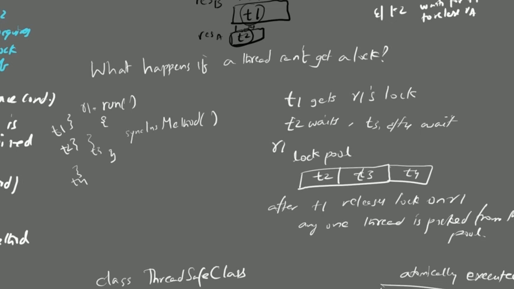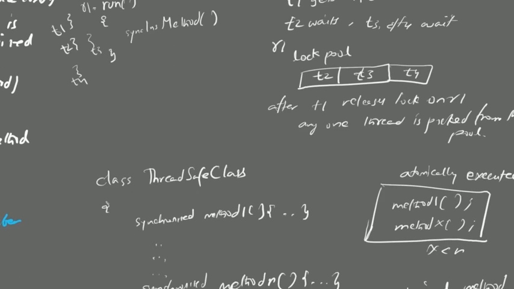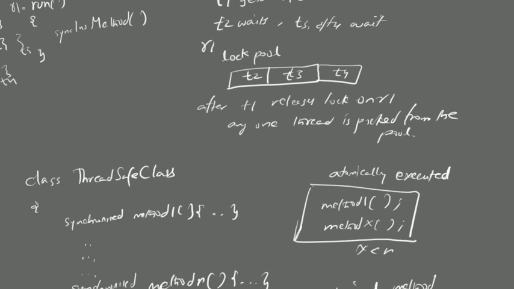So how do they wait? Every instance, which is in this case R1, has a lock pool. Now T2, T3, T4 wait in the lock pool of R1, and after T1 releases the lock on R1, any one of the threads in the pool is picked up.